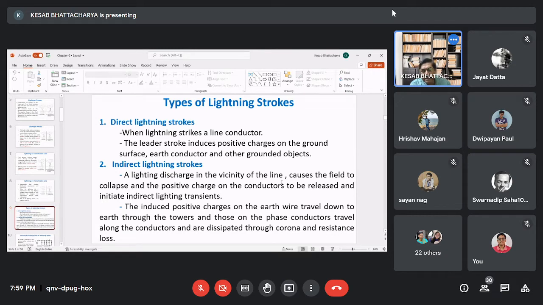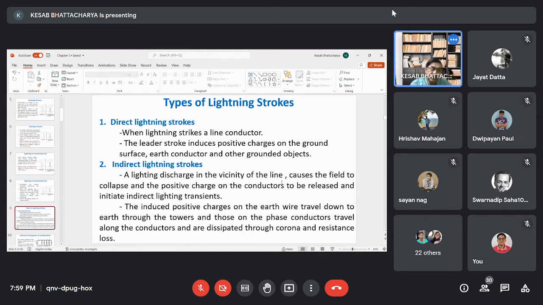Then what happens? The field collapses and the induced positive charges on the conductors are released and they start flowing over the line conductors. You have seen the magnitude of the lightning strike is of the order of kiloamperes. So the positive charges will initiate a current in the transmission line conductors which is of the order of kiloamperes.